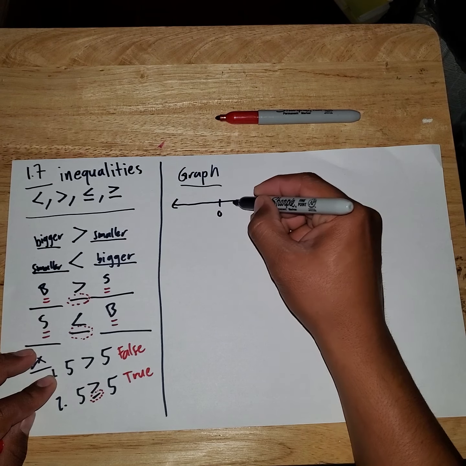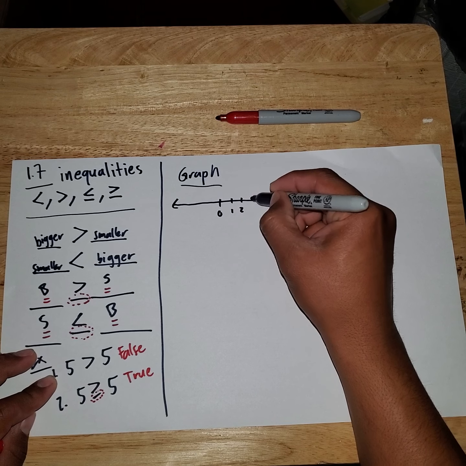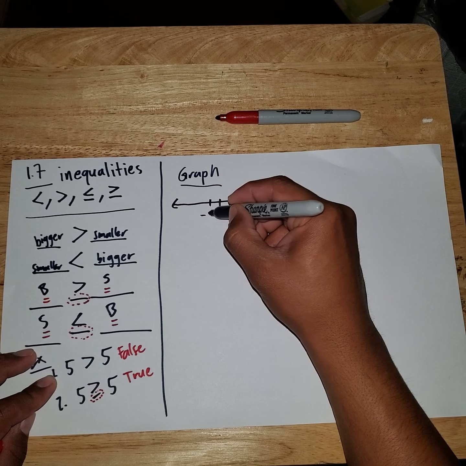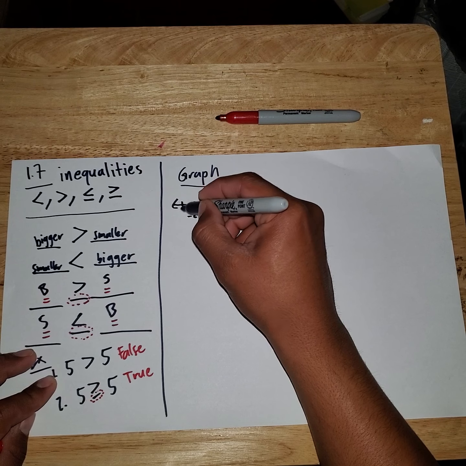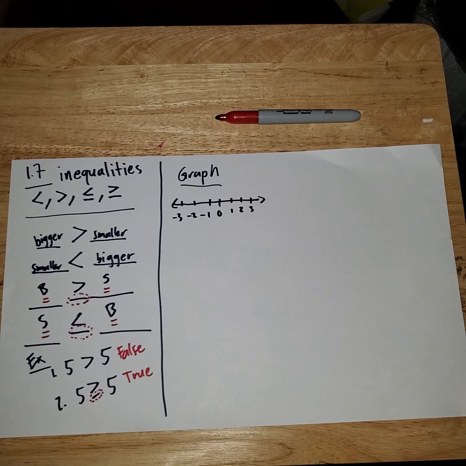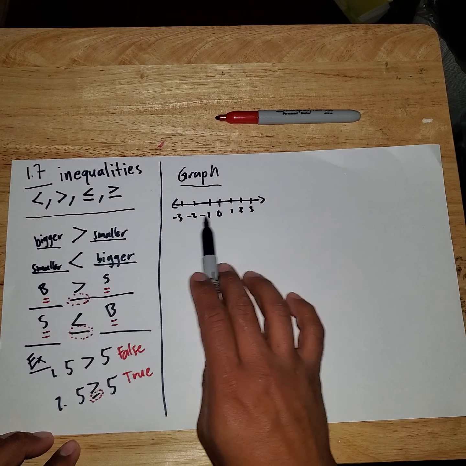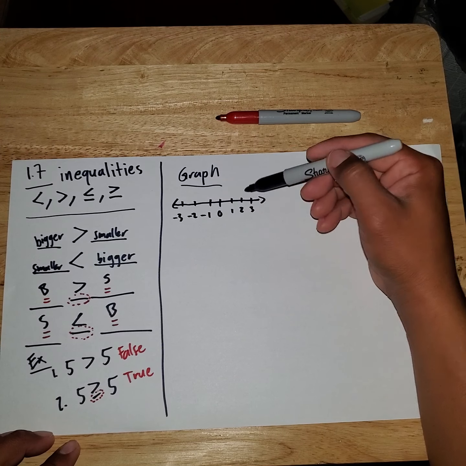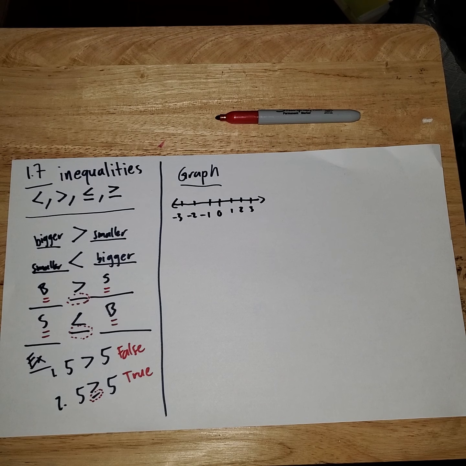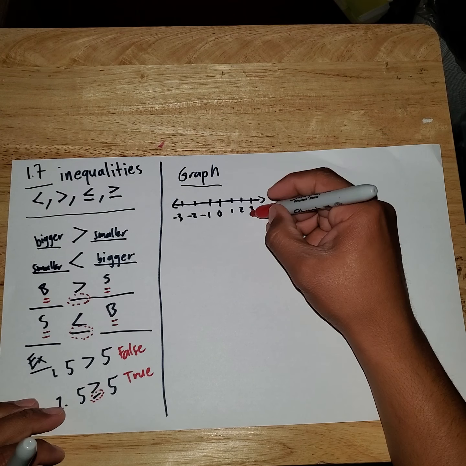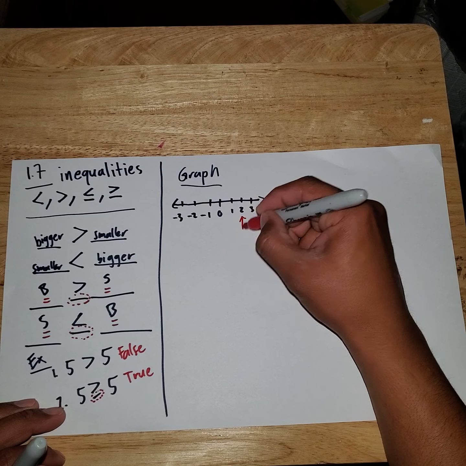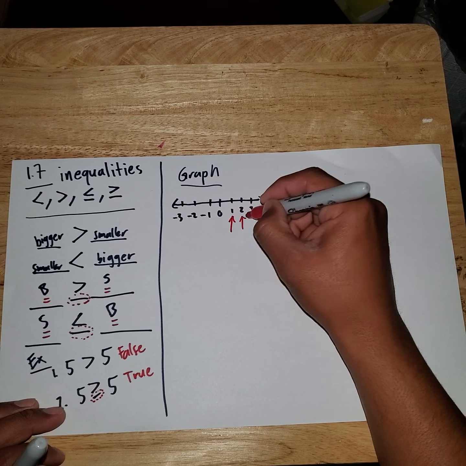say if you guys remember just a regular number line, 1, 2, 3, -1, -2, -3. The numbers on the right are always bigger than the numbers on the left. Like for example, we're just going to compare 1 and 2.